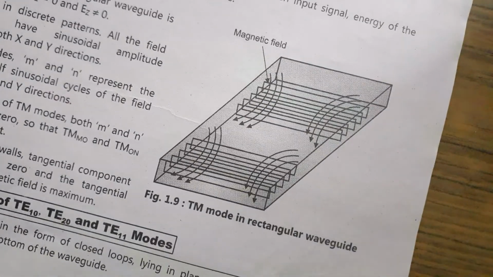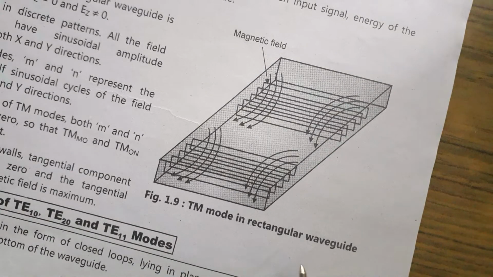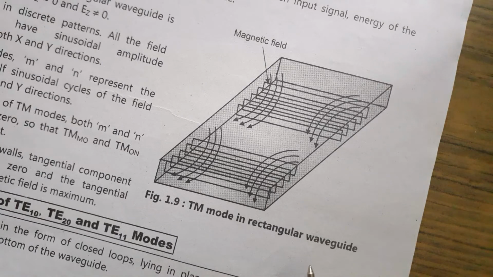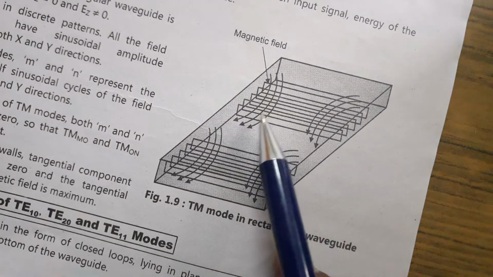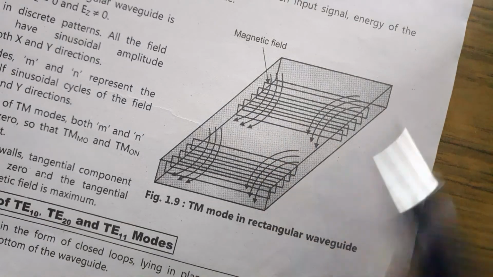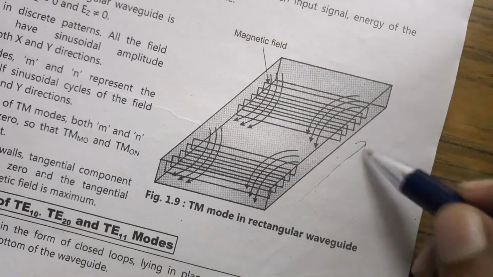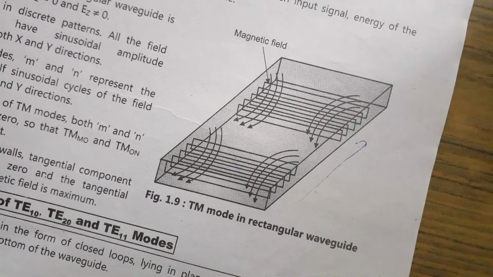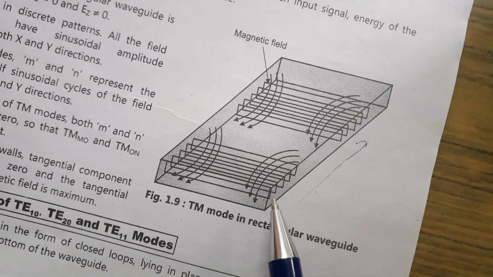Now we will go for TM mode in rectangular waveguides. So just remember these magnetic fields are there, and this is the direction of waves. Field exists in discrete patterns. All the field components have sinusoidal amplitude variation in both x and y directions.